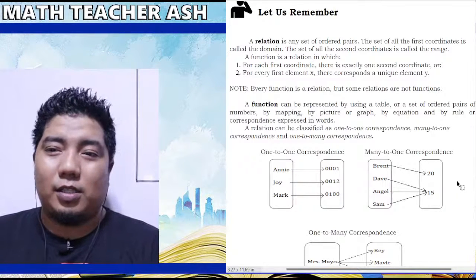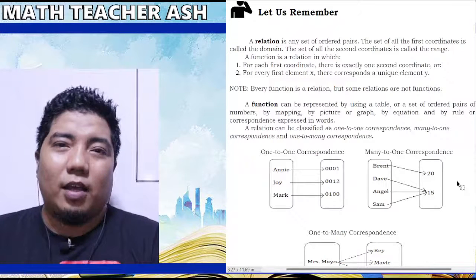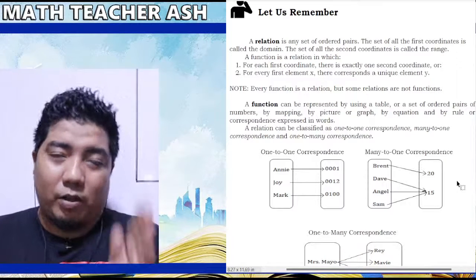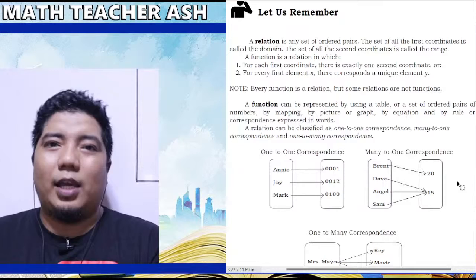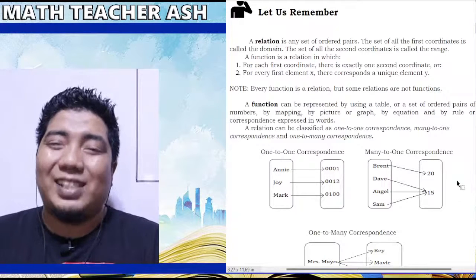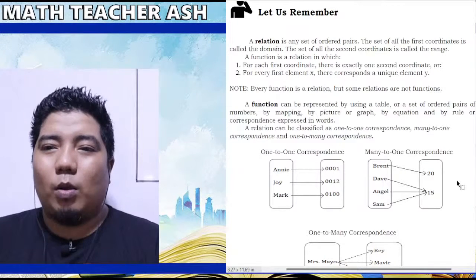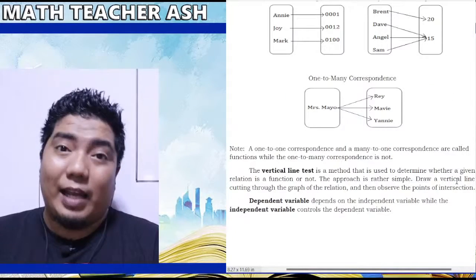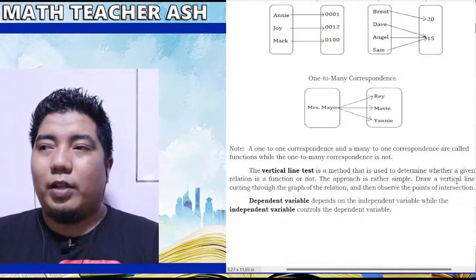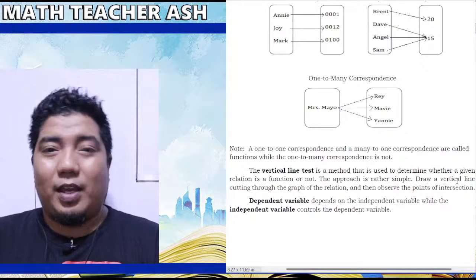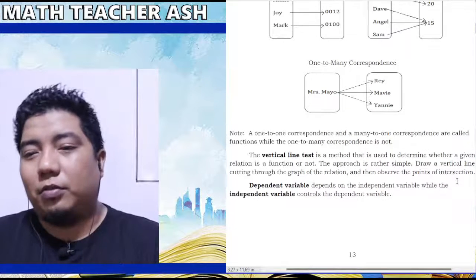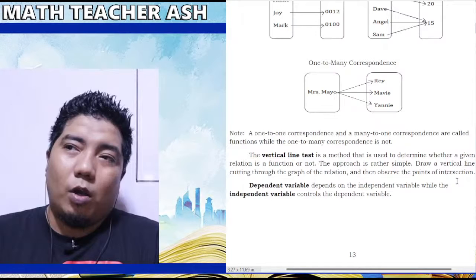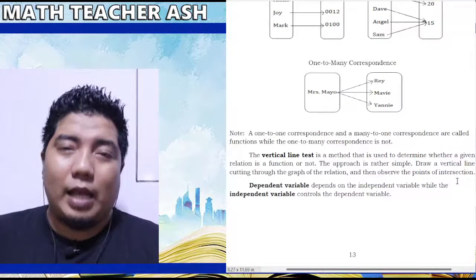Function is a relation such that all the first pair or the first coordinates is corresponding to exactly one element in the y-axis or in the range. Okay. The vertical line test will tell you whether a given graph is a function or a relation. When it hits twice or more, then that is a relation.